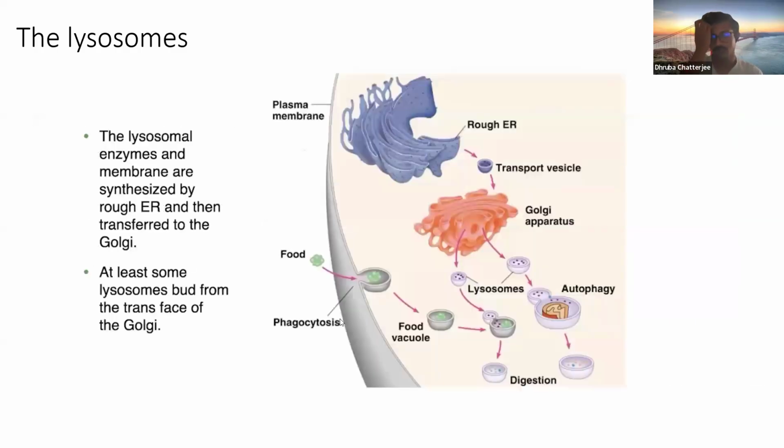So the lysosome also gets its proteins and lipid membranes from the protein secretory pathway endomembrane components, that is the endoplasmic reticulum and the Golgi. The proteins are synthesized by the ribosomes co-translationally into the rough endoplasmic reticulum.